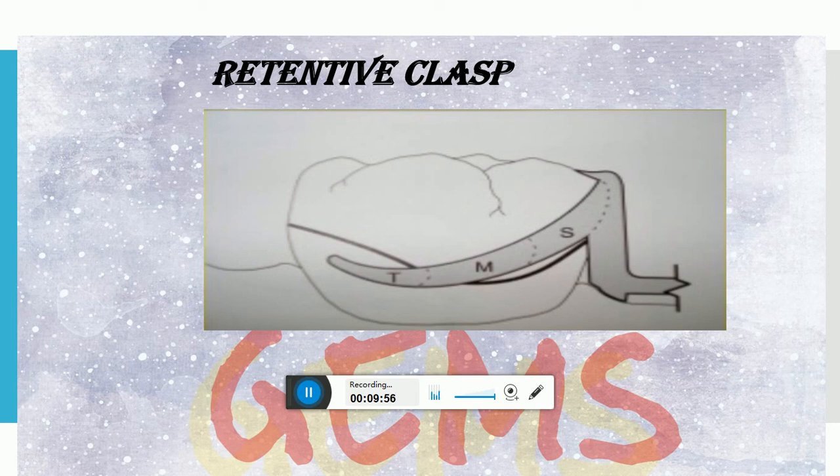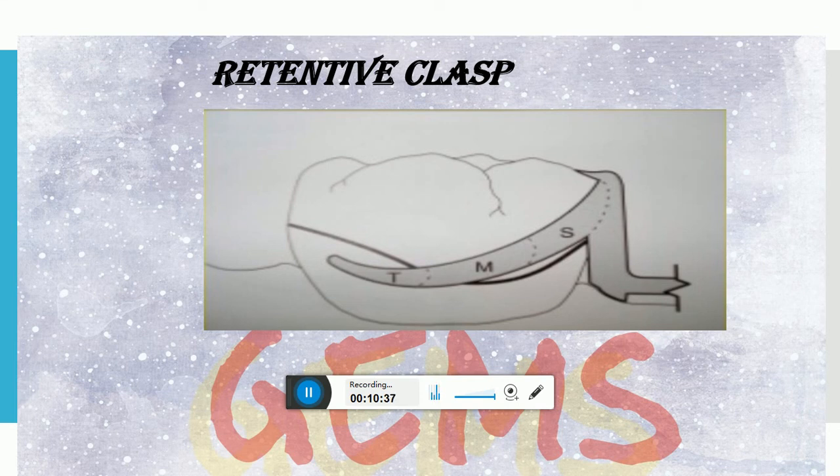This definition is important for the retentive clasp. It engages an undercut on an abutment, and that is how retention comes. That's why it is a retentive clasp, designed to retain the denture.